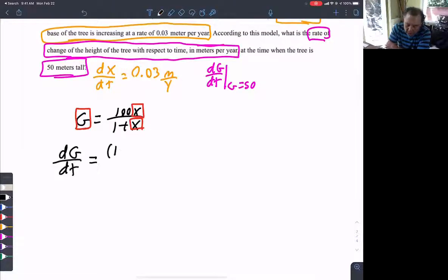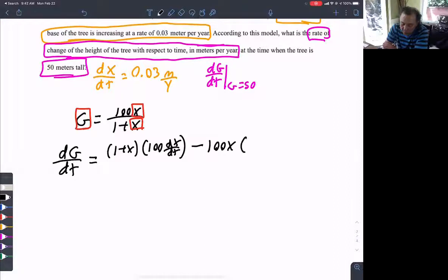So it's a quotient rule. So we take low, and the derivative of the top, d high, derivative of 100x is 100. That's the constant, but x is a function. What is the derivative of x? By definition, it's dx dt. That's low d high minus high, so I copy the top.